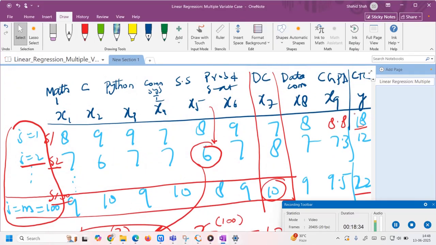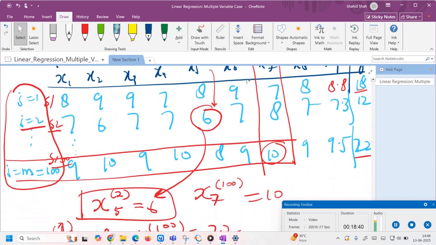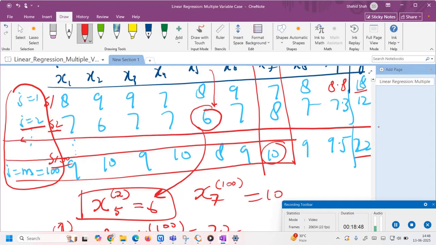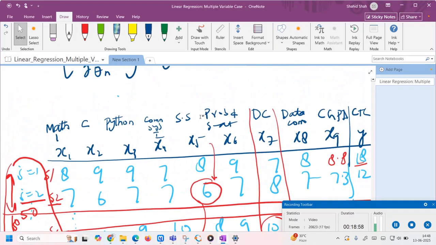Now the first thing which you will see in the Python implementation session in the next video, we divide this data set into 2 parts. Suppose right now we divide into 2 equal parts. Let's say 50 students here and 50 students here. The data of the first 50 students will be used to train the algorithm.